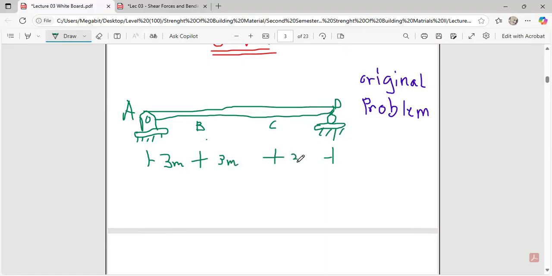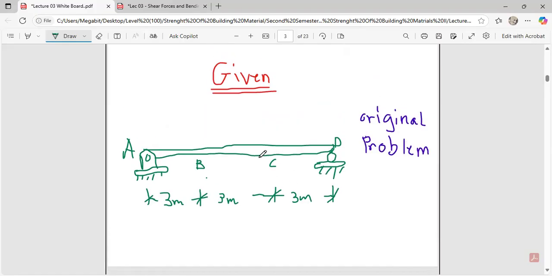And here was also 3 meters. Okay. So let's represent our forces.